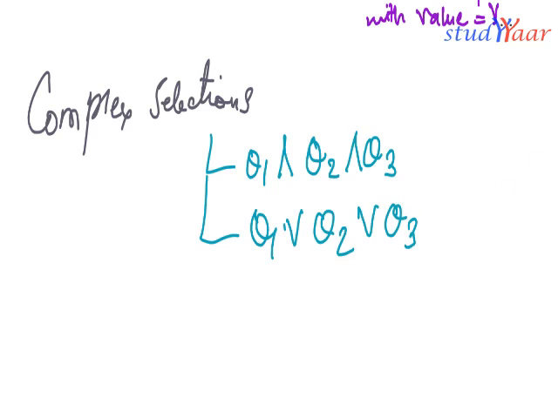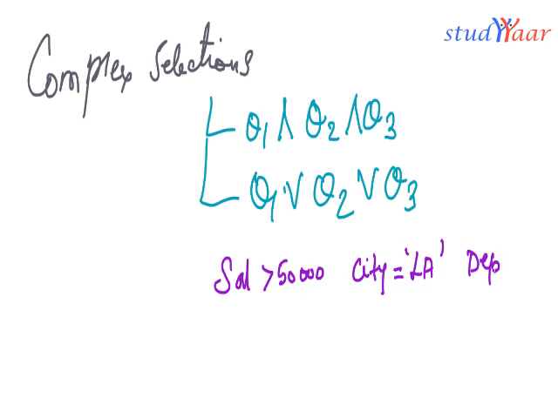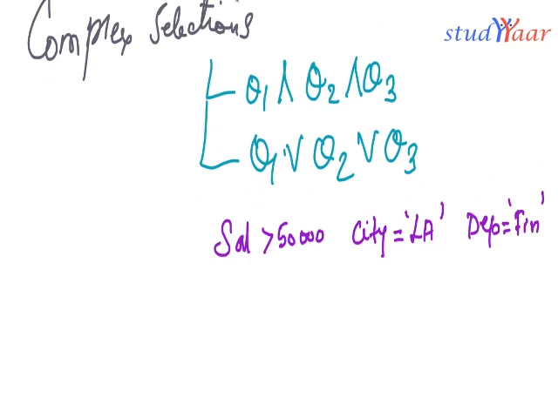For example, I want to find the employees who have salary greater than 50,000, who are living in city LA, and who are working in department finance. So here my theta1 is this particular condition, theta2 is this condition, and theta3 is this condition.